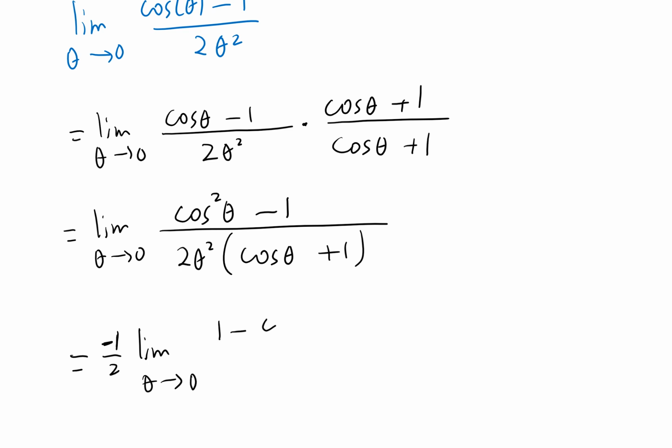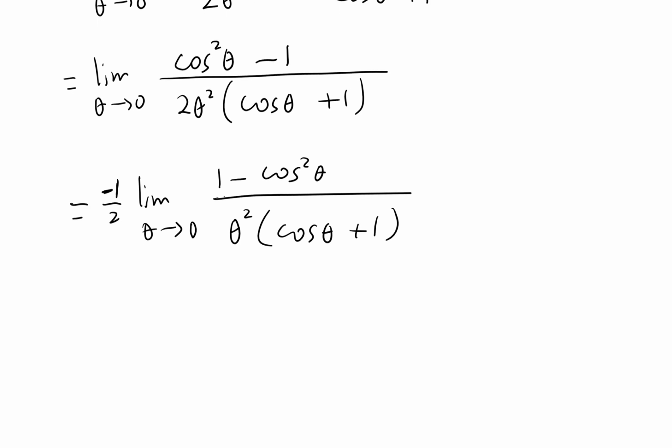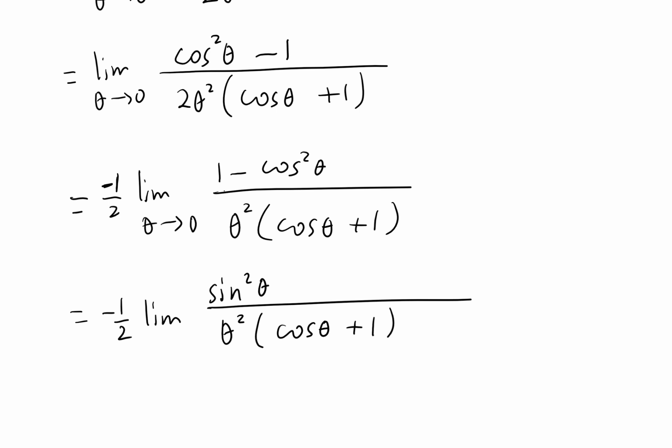The top becomes 1 minus cosine squared theta over theta squared times cosine theta plus 1. But what is 1 minus cosine squared? That's sine squared. So it's negative 1/2 limit of sine squared theta over theta squared times cosine theta plus 1 as theta goes to 0.